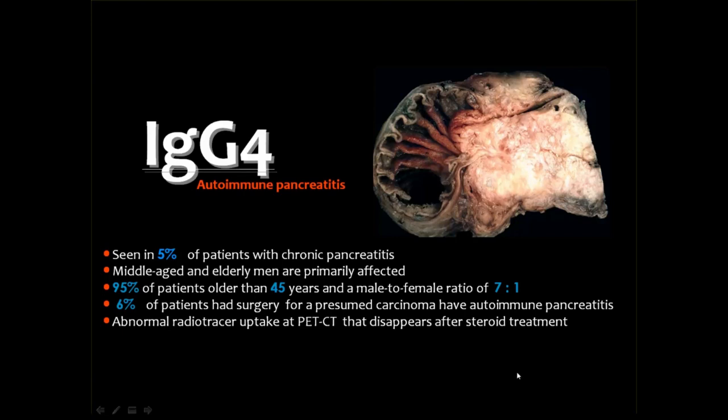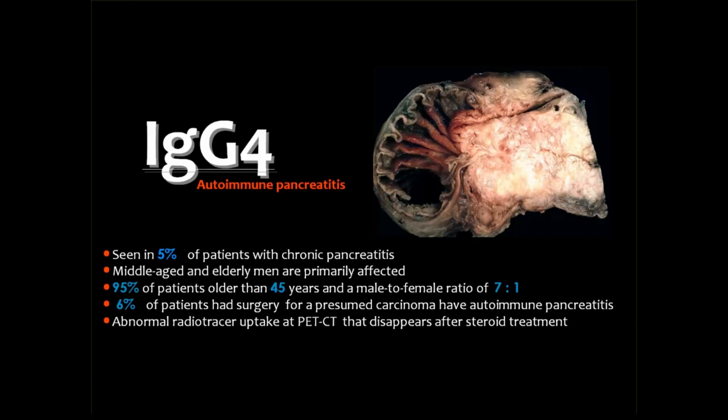We start by the major topic in this group of diseases, which is the autoimmune pancreatitis. Autoimmune pancreatitis is seen in about 50% of the patients with chronic pancreatitis. Actually, the elderly and middle-aged men are primarily affected. 95% of the patients are older than 45 years, and there is a male predominance here of about 7 to 1. 6% of the patients had surgery for presumed carcinoma.